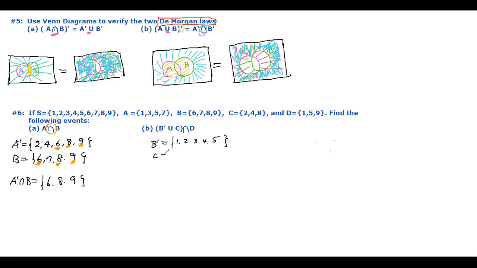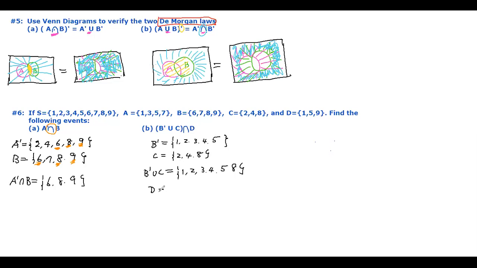Union C. C is 2, 4, 8. The union combines them together. If there are common elements, you don't repeat them. So it's 1, 2, 3, 4, 5, and 8, right? Okay, good.